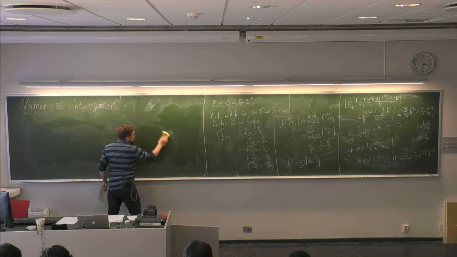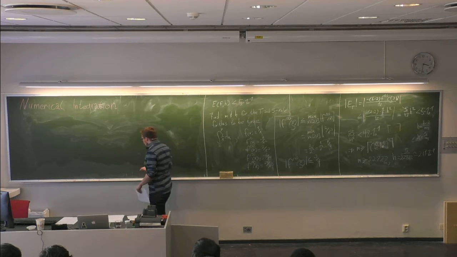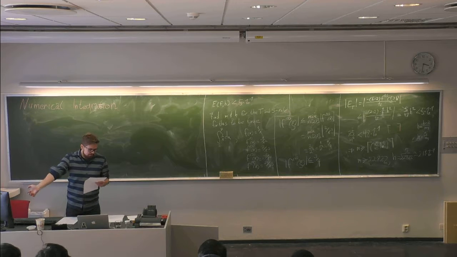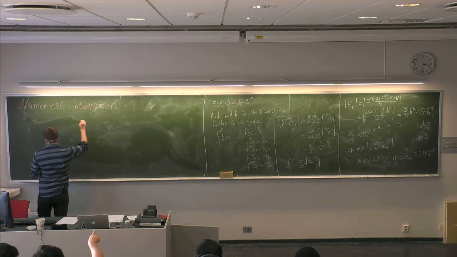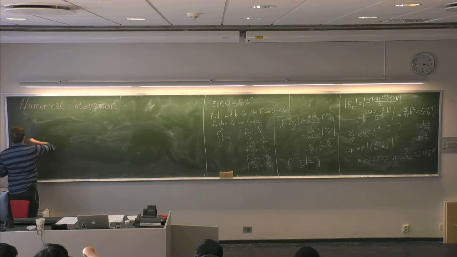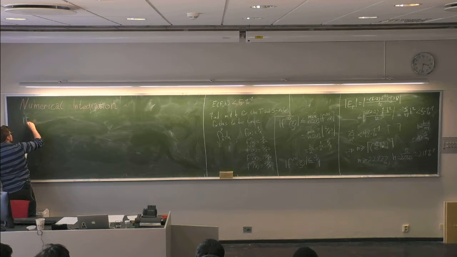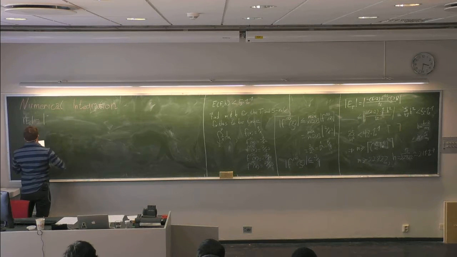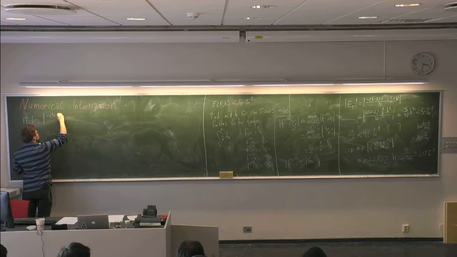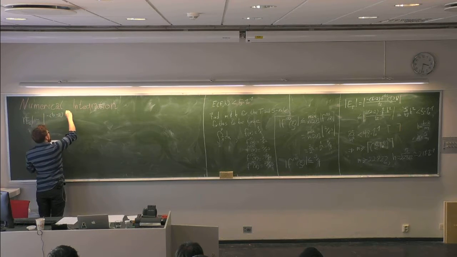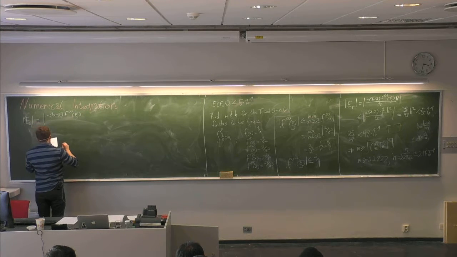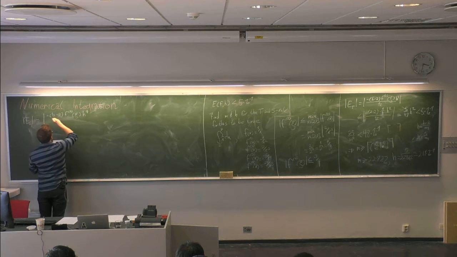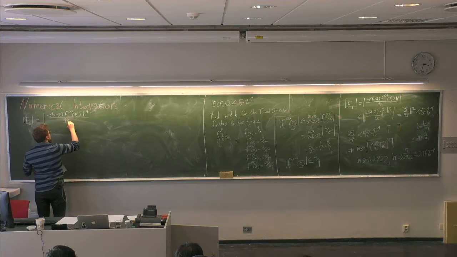So this is an awful lot of intervals. How does this look with the Simpson rule? Again, the error E_S is equal to minus (b minus a) times the fourth derivative of f for some xi, times h to the power of 4 divided by 180.